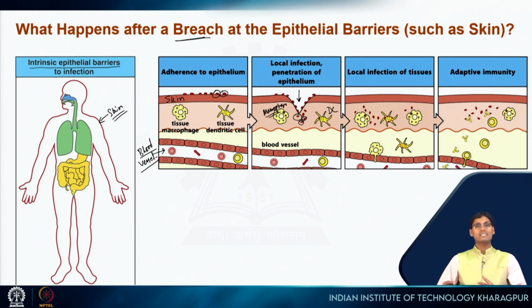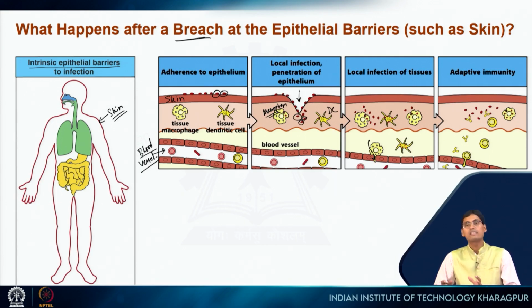They quickly assess this problem and they will defend, they will try to kill those. Not only that, they will send signals. You can see this dendritic cell is recruiting more dendritic cells and macrophages to the local infection so that the challenge can be taken over in a better way.